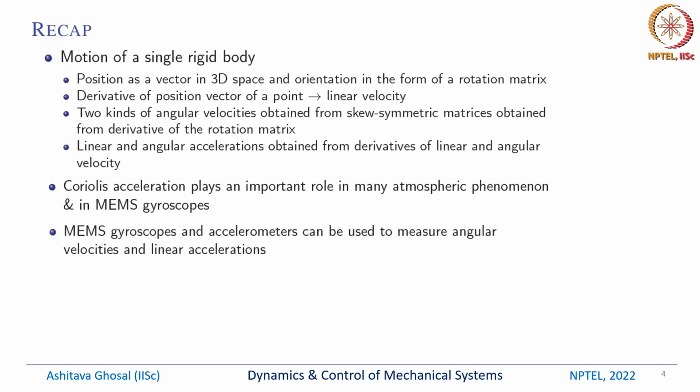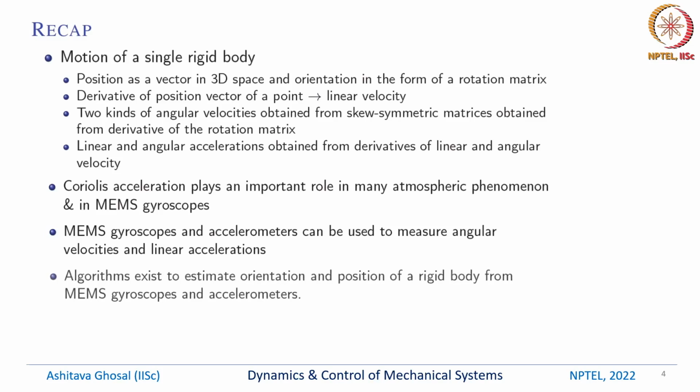And in turn, this Coriolis acceleration played an important role in MEMS gyroscopes. MEMS gyroscopes and accelerometers could be used to measure the angular velocities and linear accelerations of any rigid body in 3D space. There were also algorithms, which we didn't go into in too much detail, which could be used to estimate the orientation and position of a rigid body from the measurements obtained from MEMS gyroscopes and accelerometers.